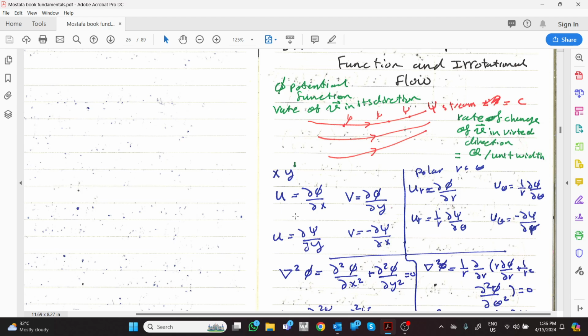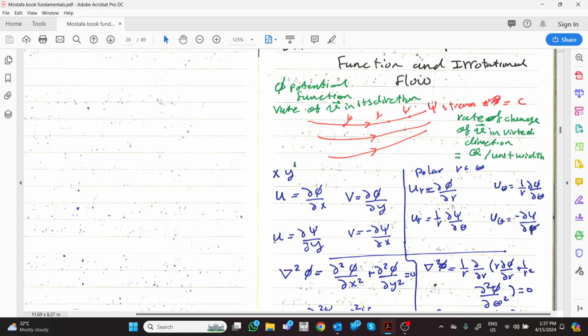Its definition is the velocity, for example, in the x direction, the velocity u multiplied by dy. In other terms, the rate of change of the stream function by the vertical axis is u.